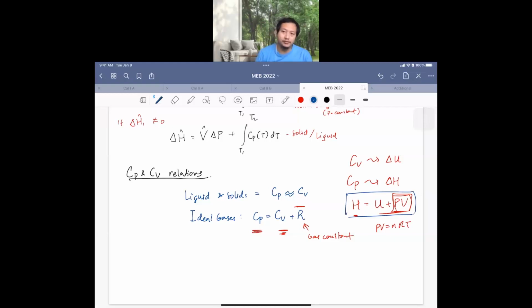I hope that makes sense. And the non-ideal gas is not in our topic, so we can skip that for a while. And of course, the heat capacity is mostly in Table B2.